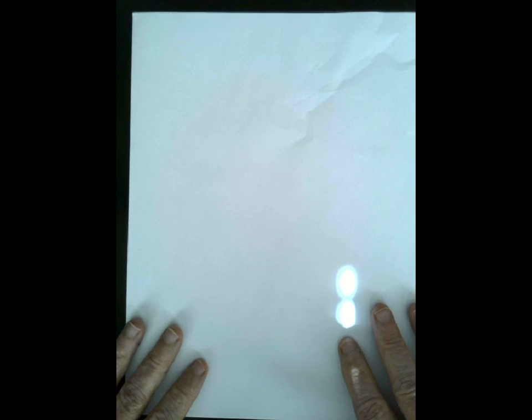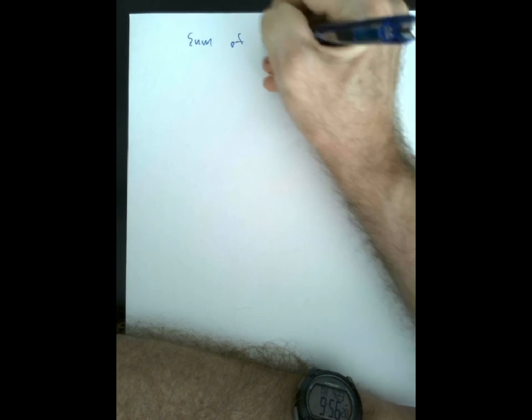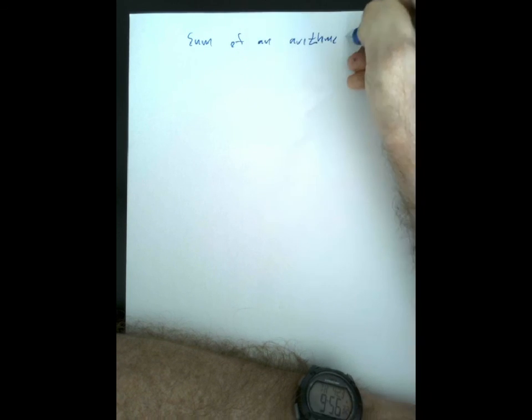Maybe if we have time in a later video, or you can search it, or it's in your book, on pages 620 and 621, it tells you where this formula comes from. But here is the formula for the sum of an arithmetic series, and it goes like this.